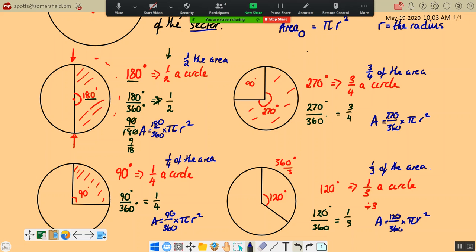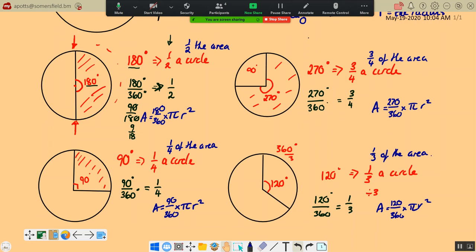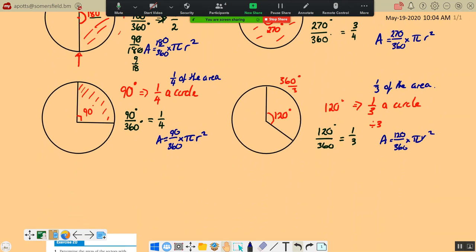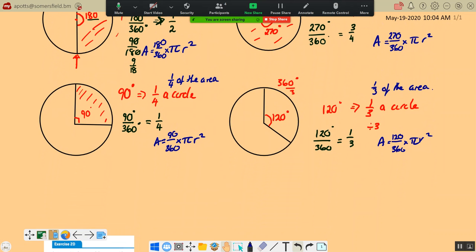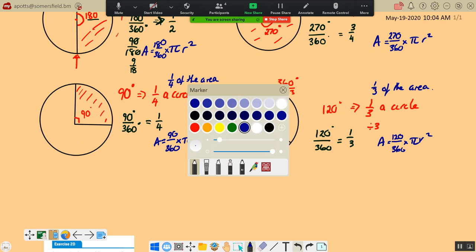Now, do you notice anything that's always the same? Can we try and generalize what we've just done? Is there going to be a formula, for instance, for the area of any sector?